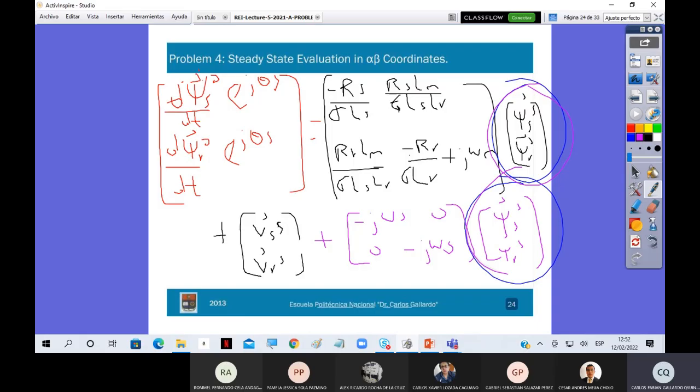Okay, so taking out as a common factor, I will have these two matrices.